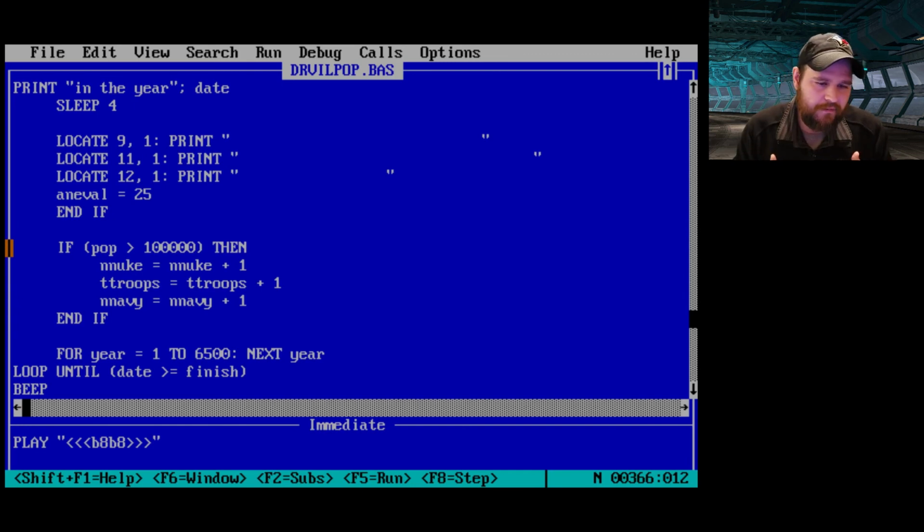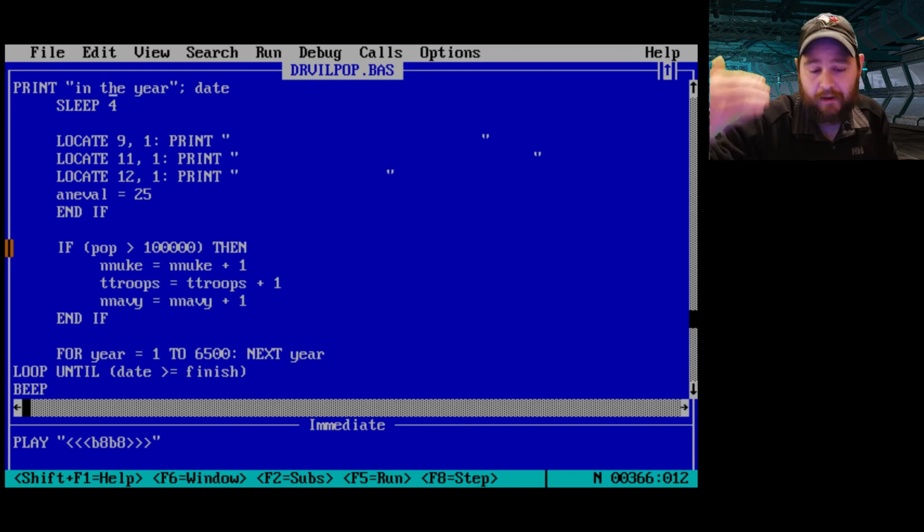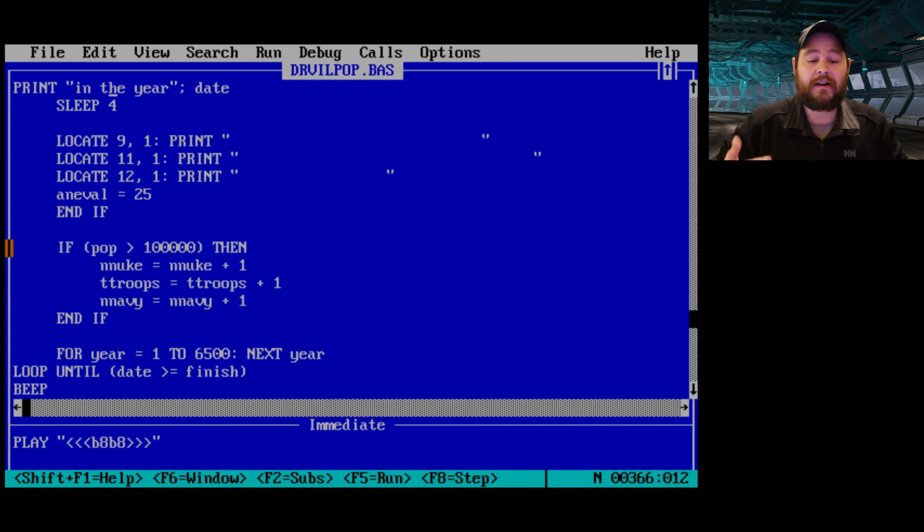That gets reset to 25. Now, if your population is greater than 100,000, your nuke, troops, and Navy power increase. Of course. So as you grow, at the end of every century, if you're sufficiently large enough, your defensive capabilities increase by 1. We do a little bit of a wait.